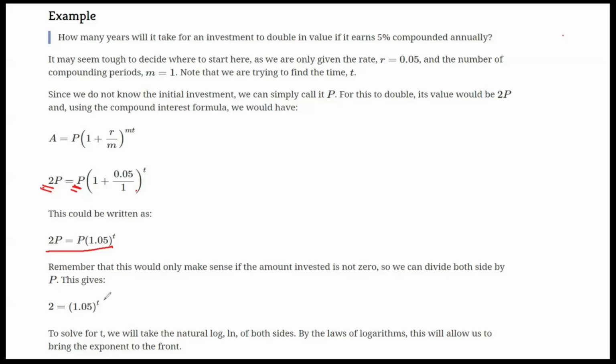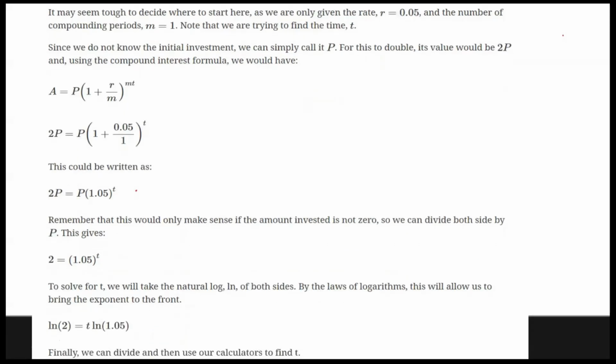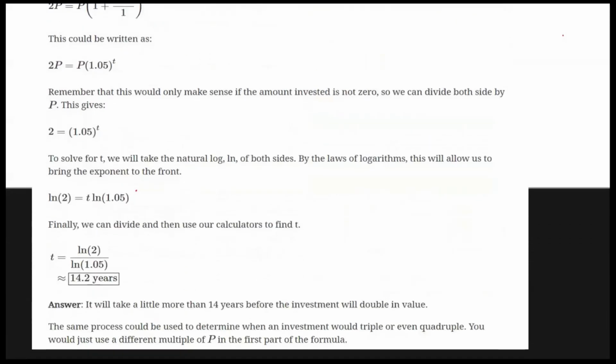So how do we get T? Because that's what we want. How many years will it take to double our investment? Right? That's what we want to know. So we have to know a little bit of logarithm. So you can either use log, but in this example, the writer used ln, right? Remember I told you about ln? So you ln both sides, right?